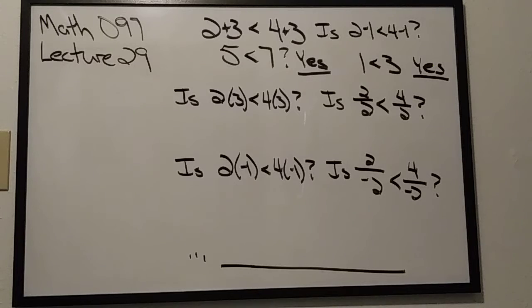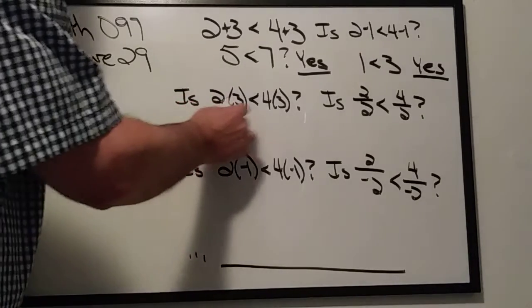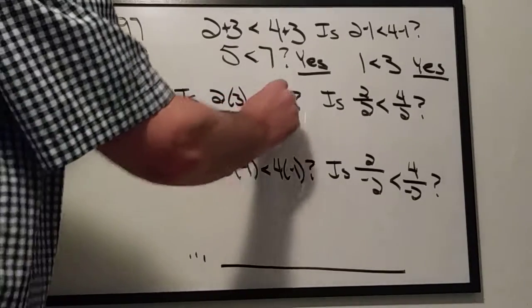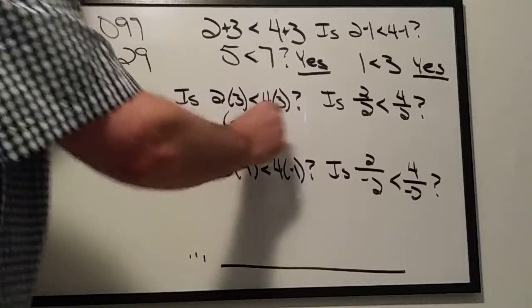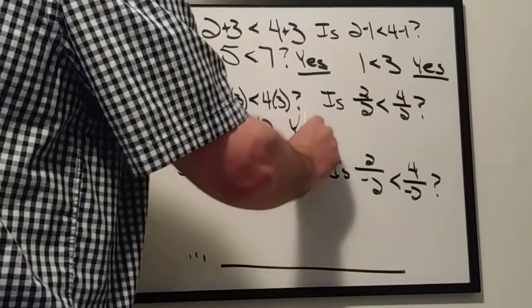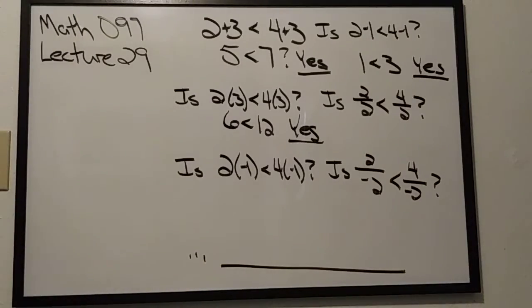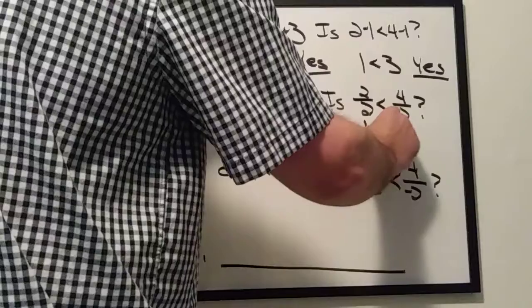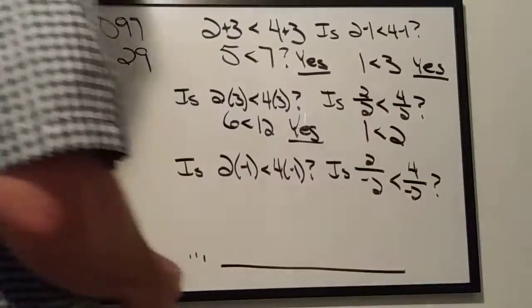Let's start by multiplying and dividing both sides by a positive number. Starting with 2 is less than 4, let's multiply both sides by 3. 2 times 3 is 6, 4 times 3 is 12, and 6 is less than 12. So multiplying both sides by a positive number is a perfectly acceptable operation. How about division? 2 divided by 2 is 1, 4 divided by 2 is 2, and 1 is less than 2.